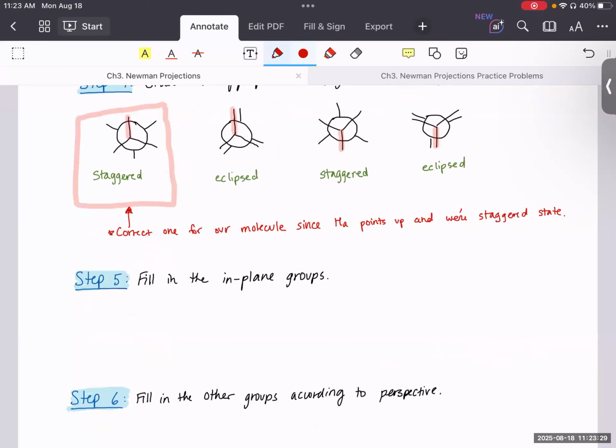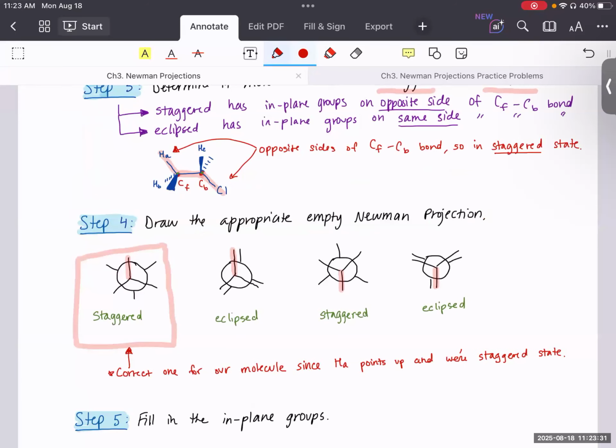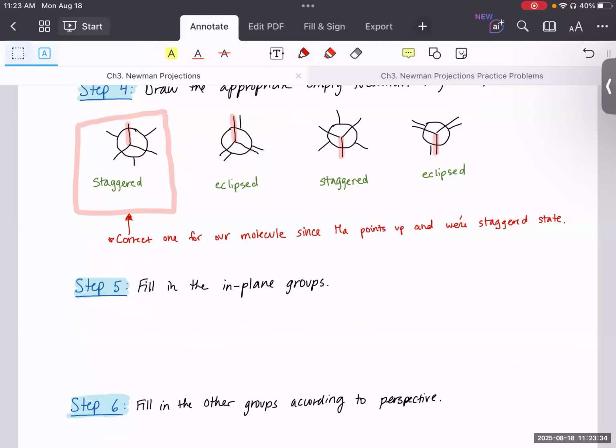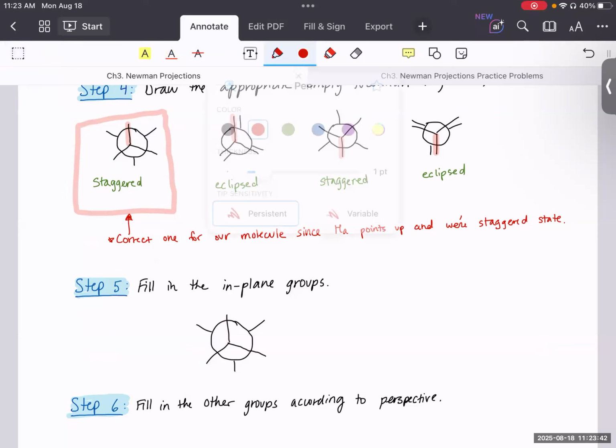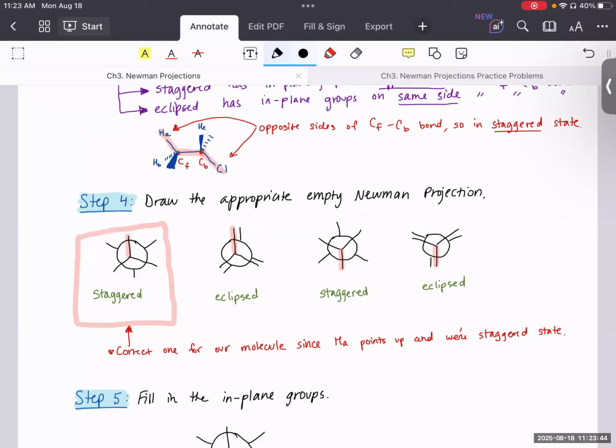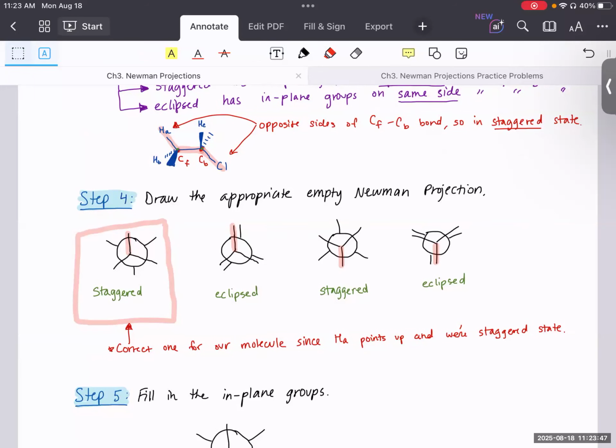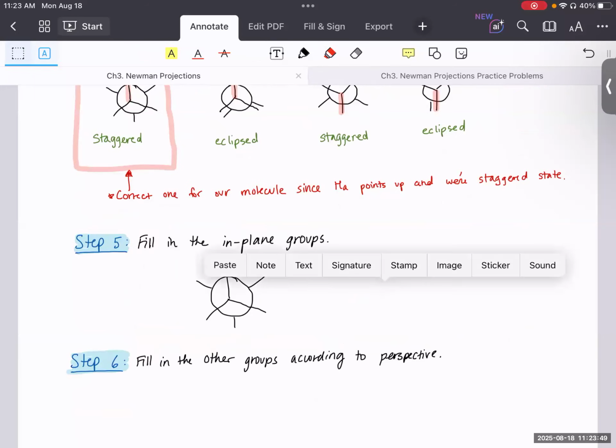All right, next we want to fill in the empty groups. So we're going to take our empty projection, copy it over here, make that a little bit bigger. And what we want to do is take our molecule from up here, and I'll copy that over too, just so we can keep track of all the groups.